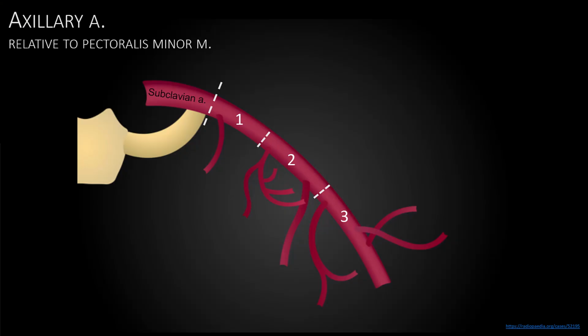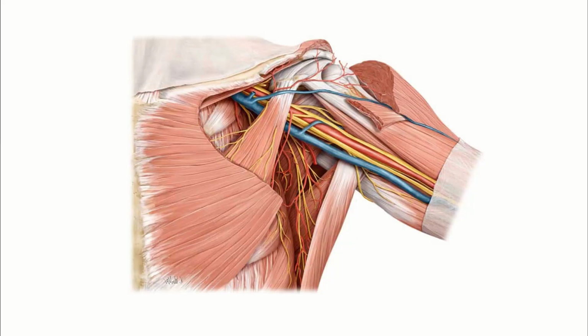This schematic shows sections of the axillary artery based on the position of the pectoralis minor muscle. Here we can see the pectoralis minor going over the axillary artery as it attaches to the coracoid process of the scapula, where section 1 we can see to the left and section 3 we can see to the right, while section 2 is just behind the muscle.